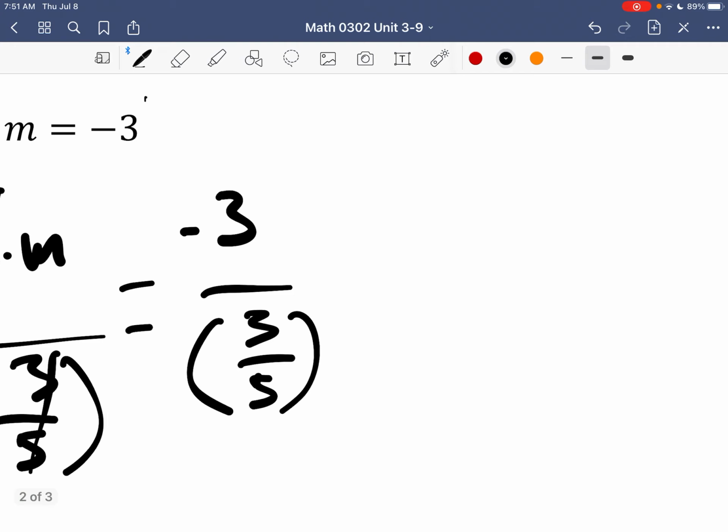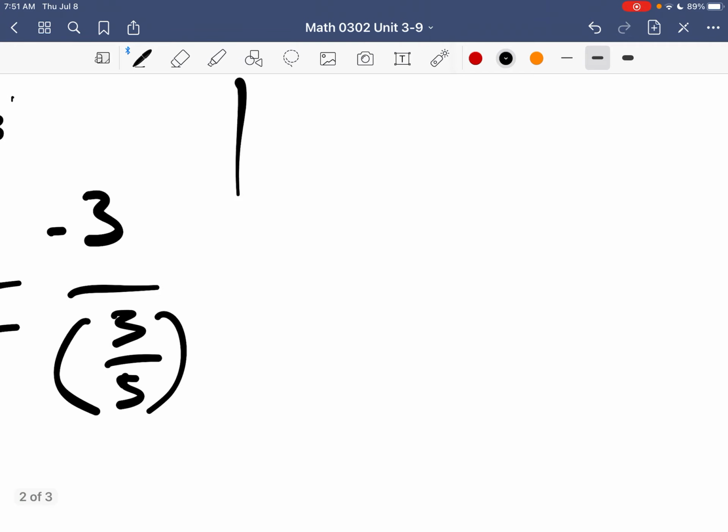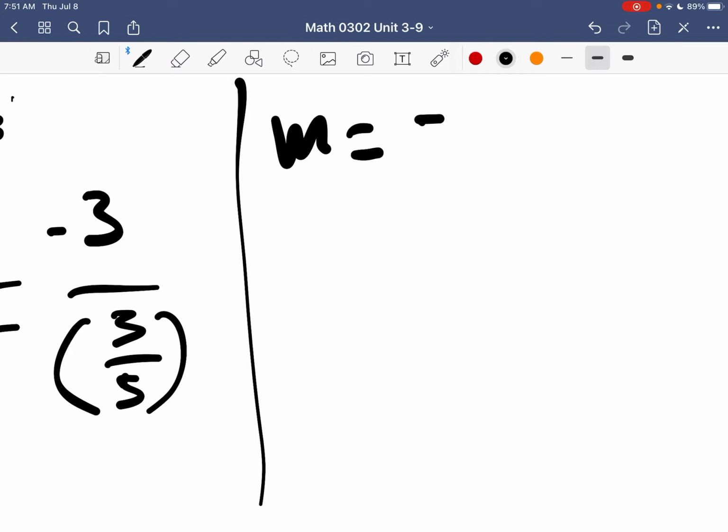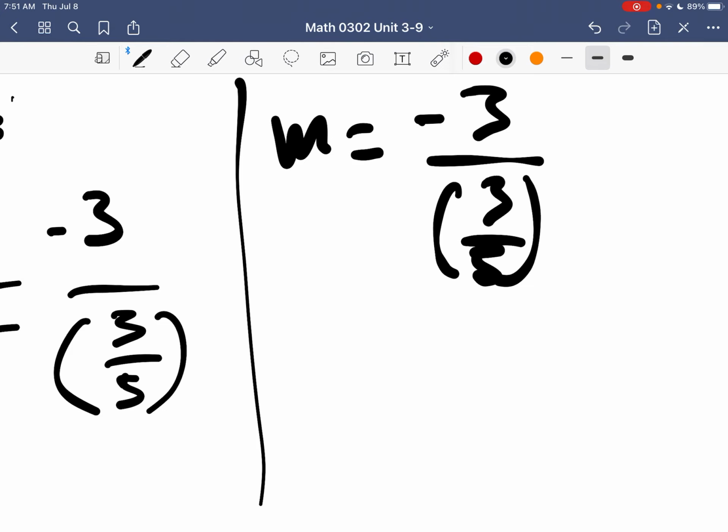So far the equation looks like this: m is equal to minus 3 divided by 3/5. So it's getting kind of complicated here. How do we simplify this fraction?